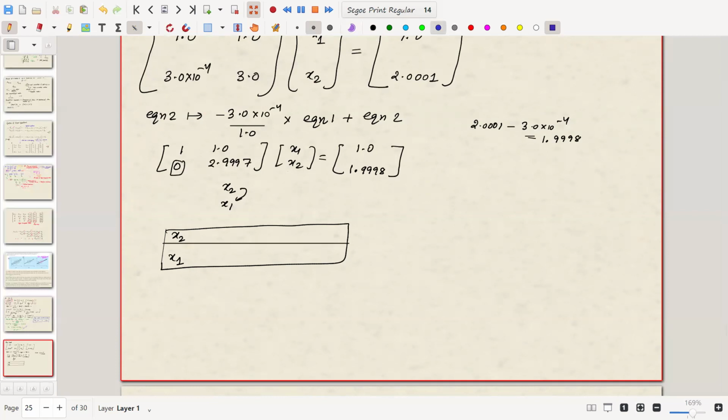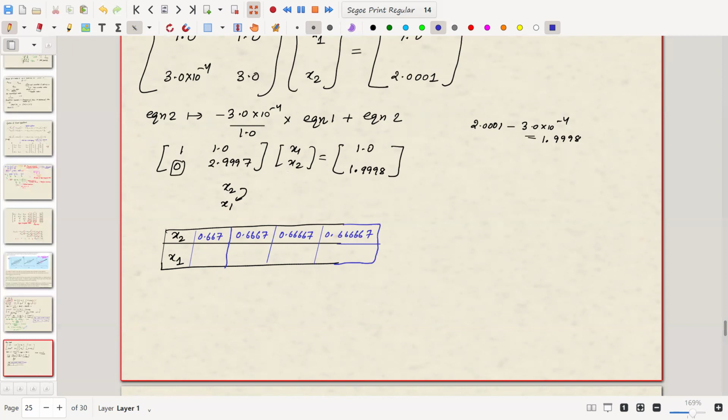x2 and x1. For x2, previously we took 0.667. Here also we will take something like that: 0.667, 0.66667. Then we will take 0.3457.